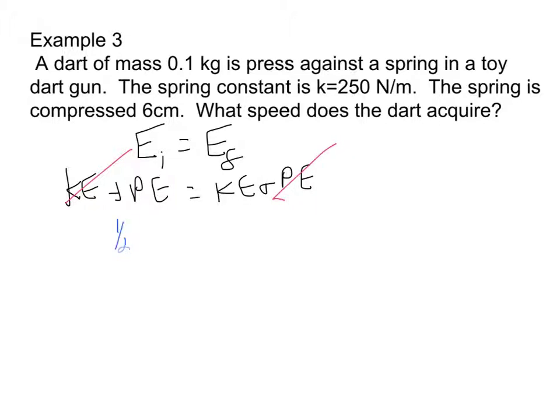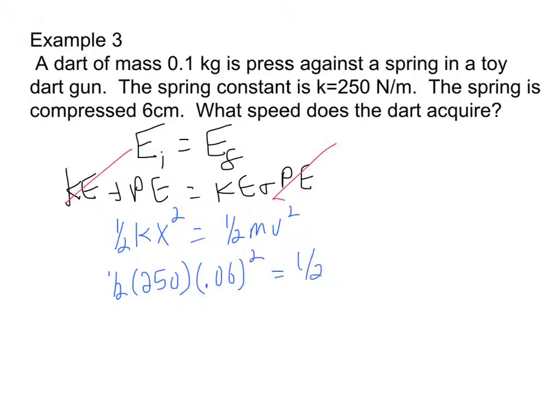My potential energy of the spring is 1/2 times k, the spring constant, times the distance that it's compressed squared. And then my kinetic energy is 1/2 mv squared. So we got 1/2 times my spring constant, which is 250, times my, now that's 6 centimeters, so that's 0.06 squared equals 1/2 times my mass, 0.1, times my velocity squared.